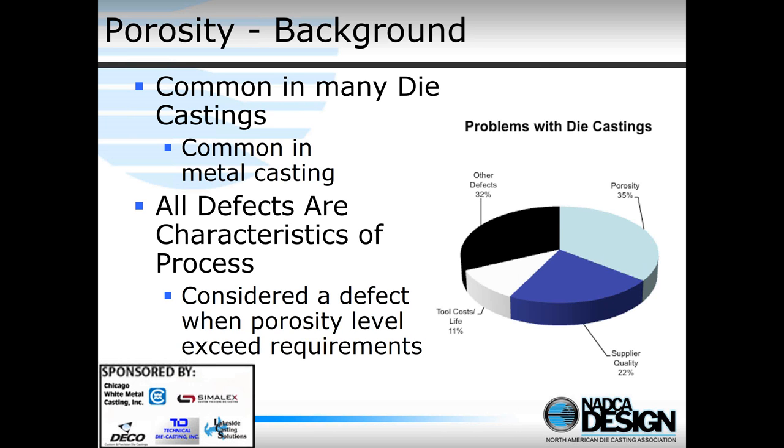Now, as we'll see later on today and in the next webinar, many of these other defects originate from areas such as porosity, and that's why we focus so much. So 32% plus 35% gives you 67%, so basically two-thirds of the respondents are talking about porosity or porosity-related defects.